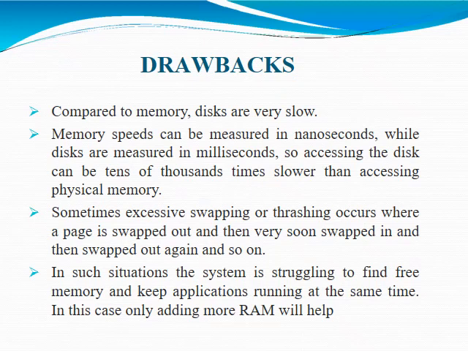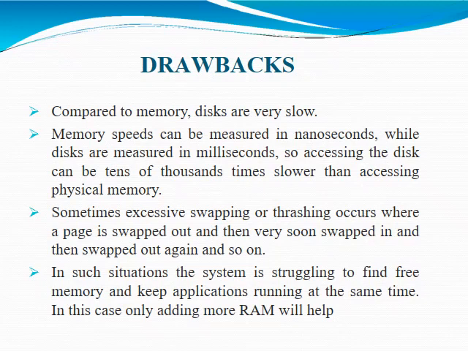But when we look at the drawbacks, compared to memory, disks are very slow. Memory speeds are measured in nanoseconds, while disks are measured in milliseconds. So accessing the disk can be tens of thousands of times slower than accessing physical memory.